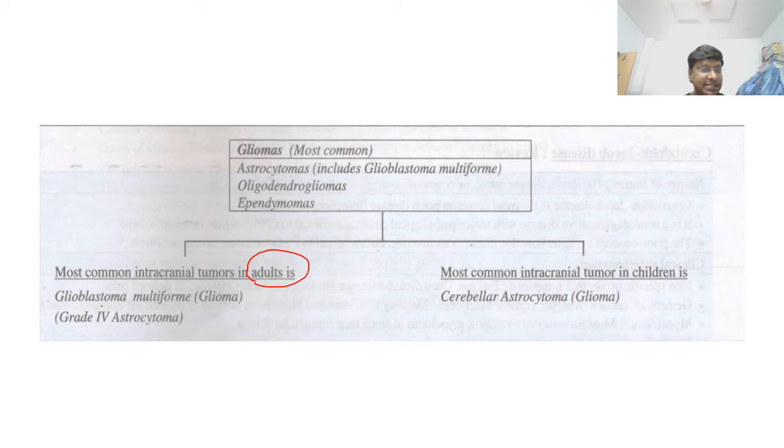What is the answer? Just now we have discussed, that is glioblastoma multiforme. And if the question is asked, what is the most common intracranial tumor in children? Then that is also astrocytoma. But what type of astrocytoma is this? In children, it is your cerebellar astrocytoma. So remember this point. C for children, C for cerebellar astrocytoma.